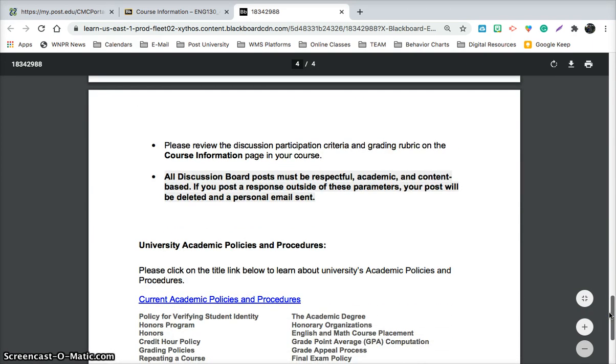Please review the discussion participation criteria and grading rubric on the course information page, which I just showed you, in your course. All discussion board posts must be respectful, as I said, academic and content-based. If you post a response outside of these parameters, your post will be deleted and you'll get a personal email sent by me. Okay.